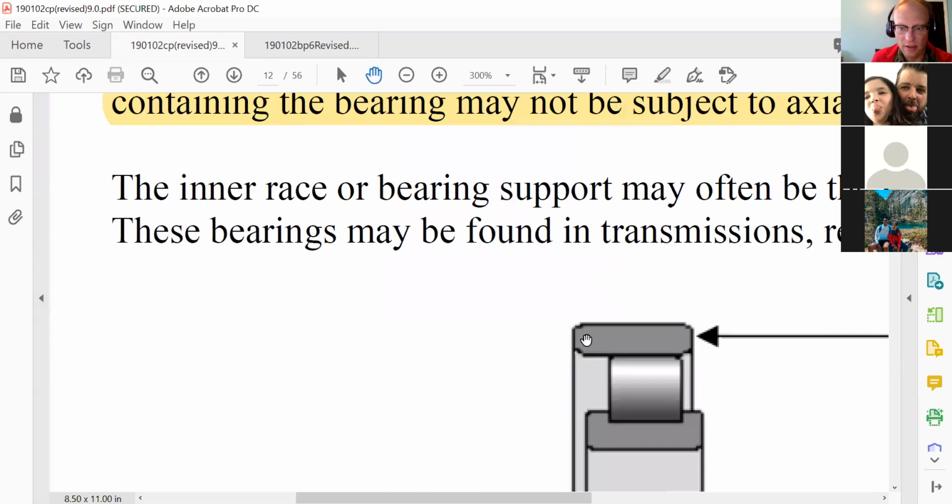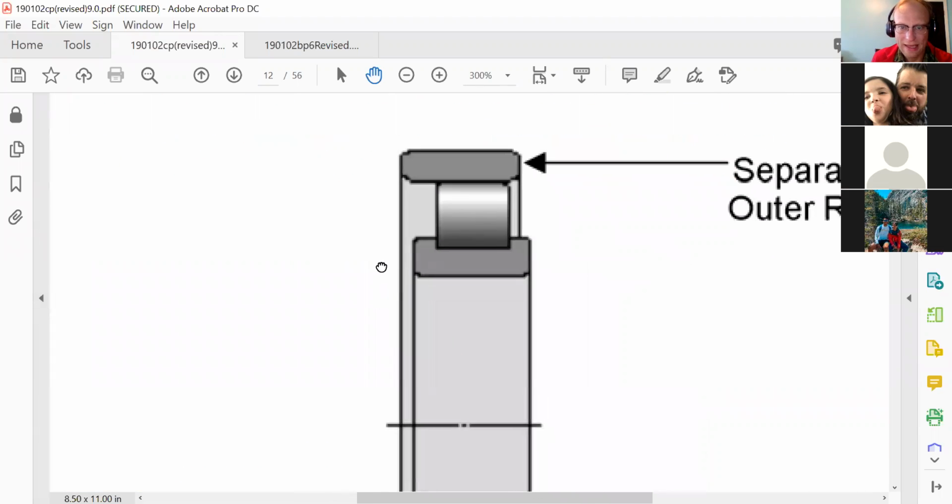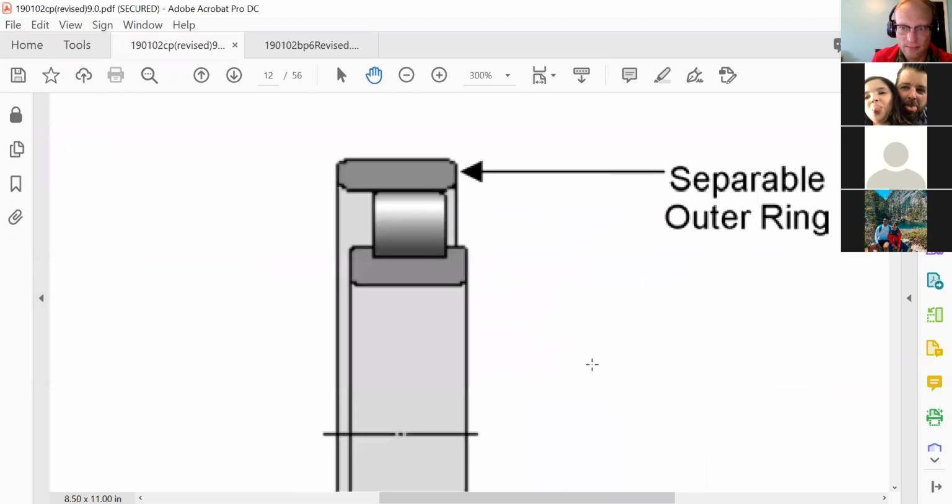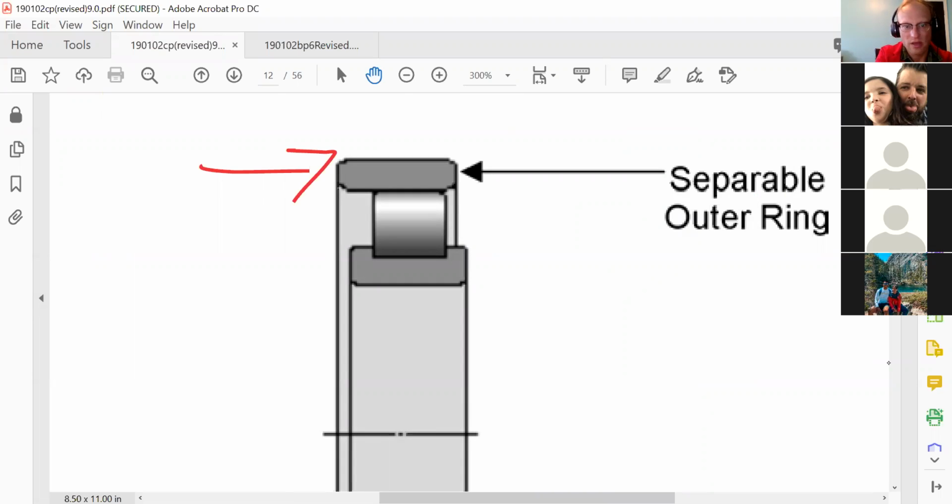This roller bearing here can't deal with that. If I push a load on here, what's going to happen? The outer race will come off. The race will just slip right off of there. There's no way for it to transfer that force into the roller and then the roller to transfer it to the inner race.